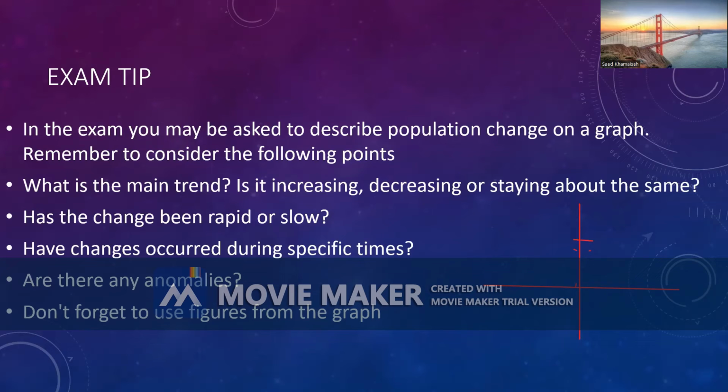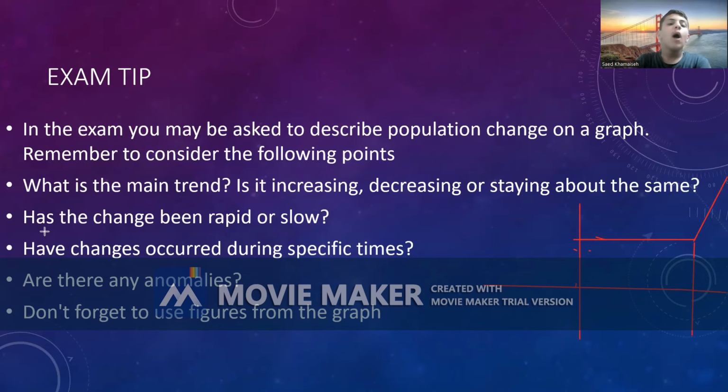For example, we have this line. It is about the same, meaning there's nothing, it is not increasing or decreasing. For example, it is like that. We say here, at a point, it increases until, for example, that point, stays the same, then it increases. So it is important to know the main trend.